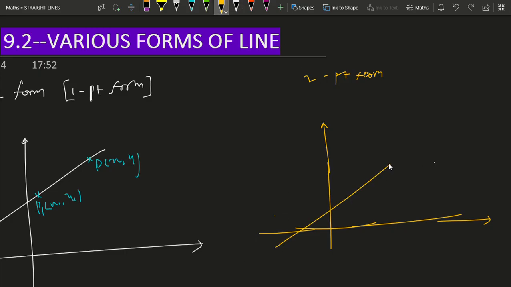I can take this one as P2, with coordinates x2 comma y2.